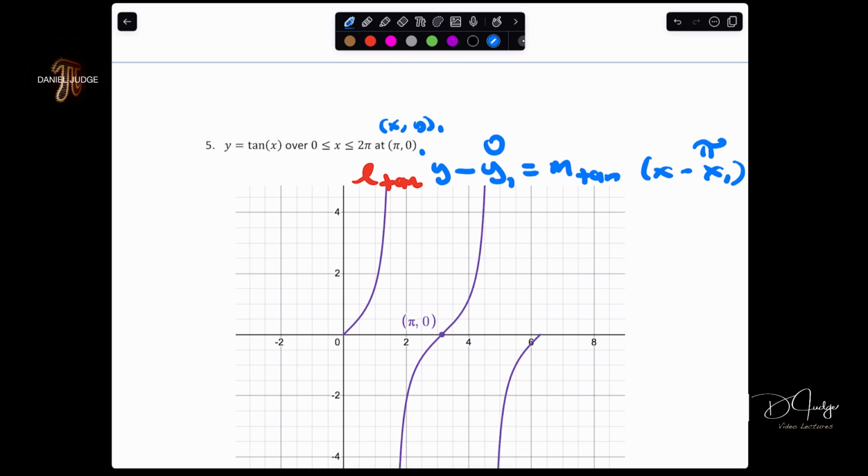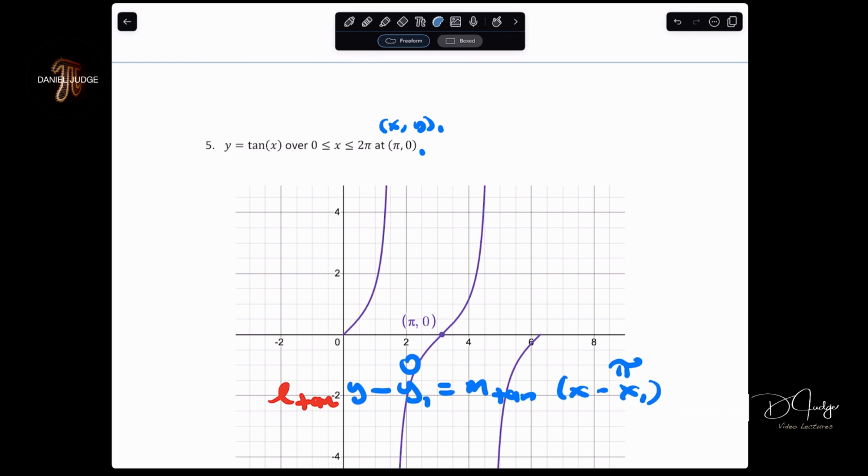So y minus 0, I guess we'll just try to copy all of this.